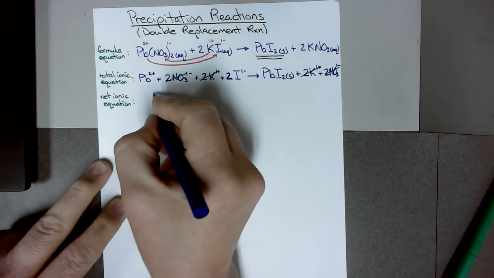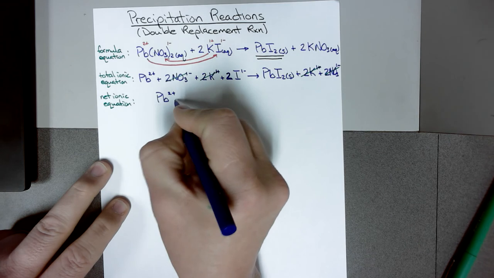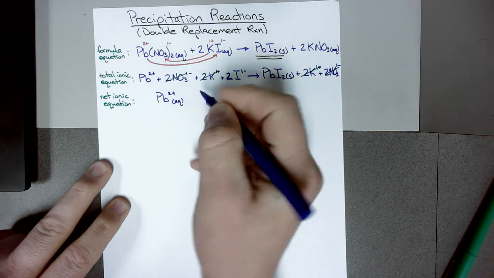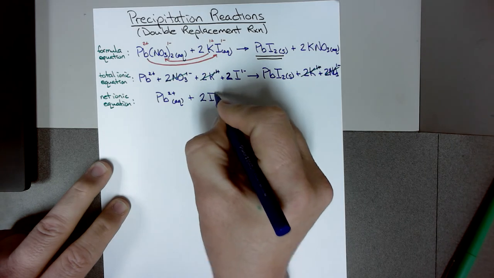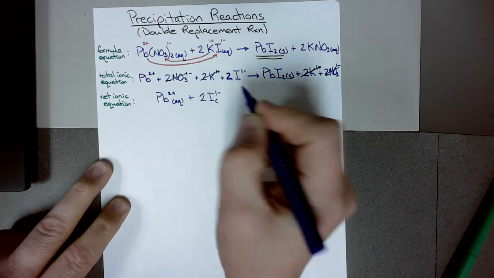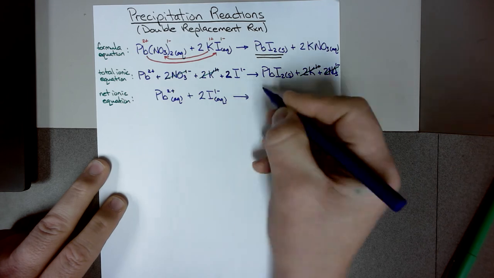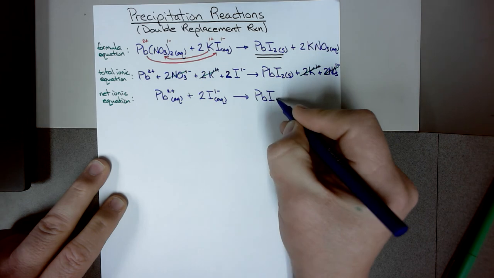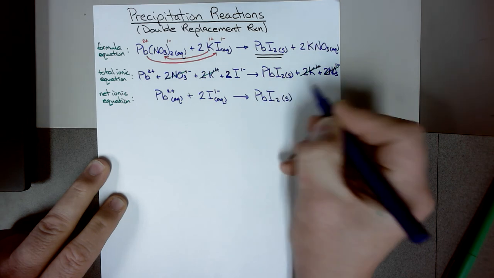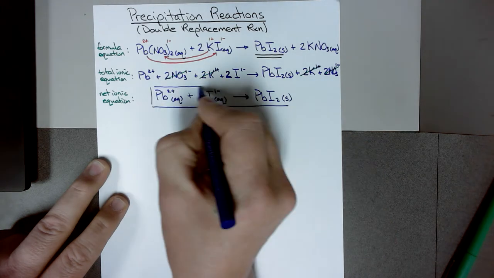So we have the lead 2 plus, which is aqueous, plus 2 I1 minus ions, which are iodide ions, which are aqueous, will react to produce a precipitate or solid lead iodide. And this is the reaction that's occurring in here.